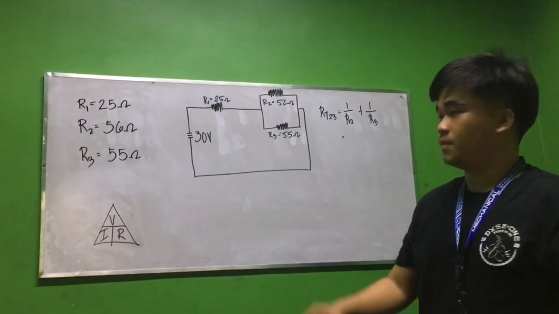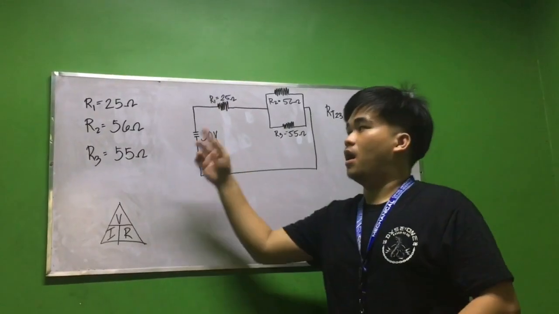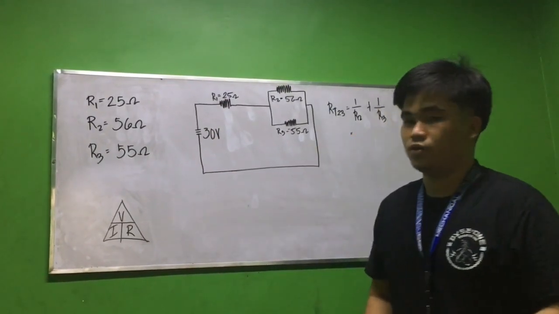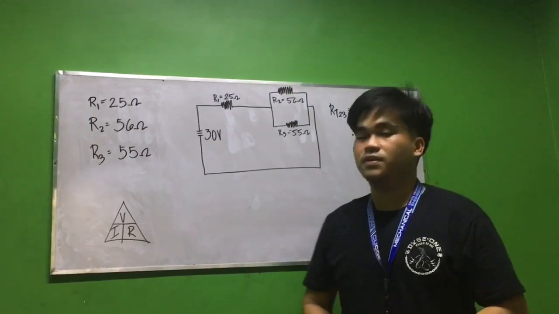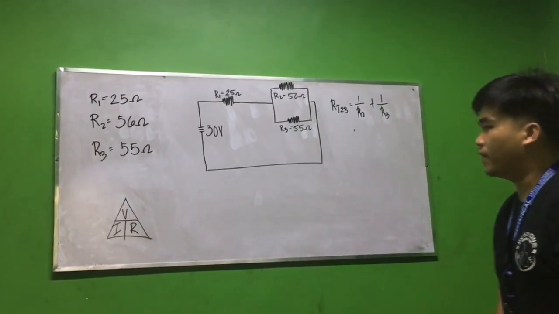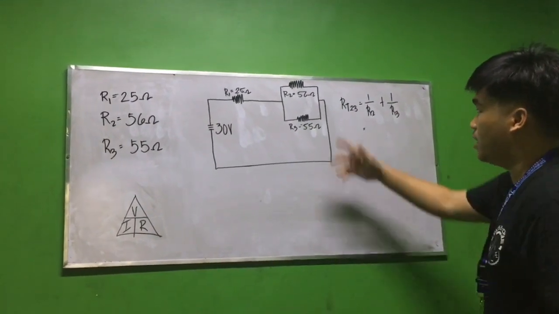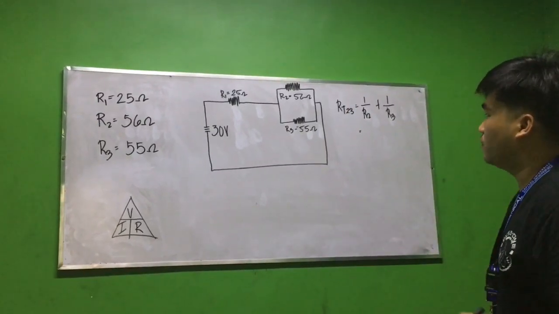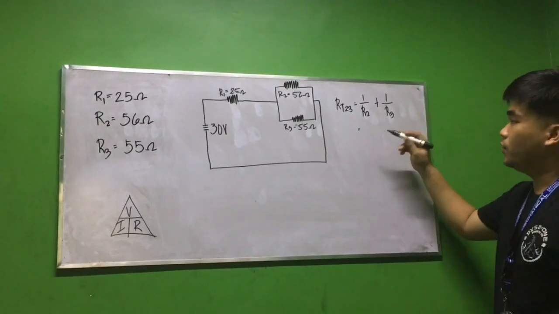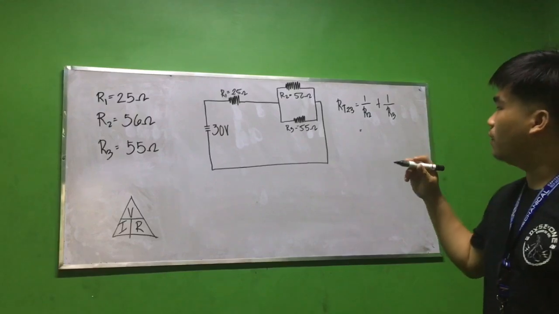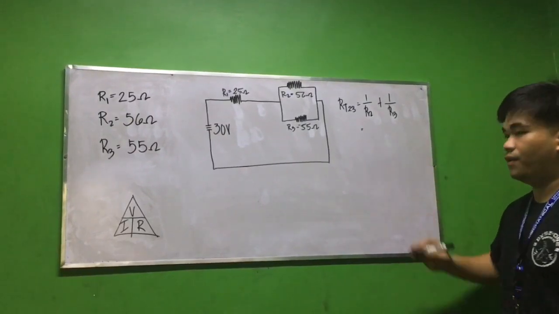So our last problem: we have R1 equals 25 ohms, R2 equals 56 ohms, and R3 equals 55 ohms. First we have to calculate the parallel circuit. We have this formula: RT23 equals 1 over R2 plus 1 over R3.